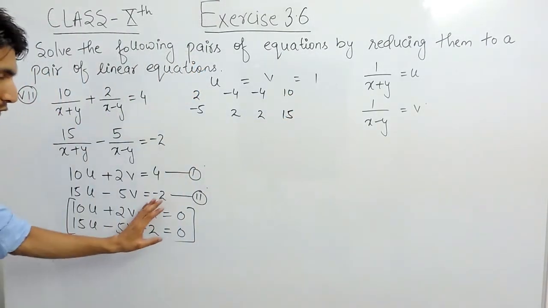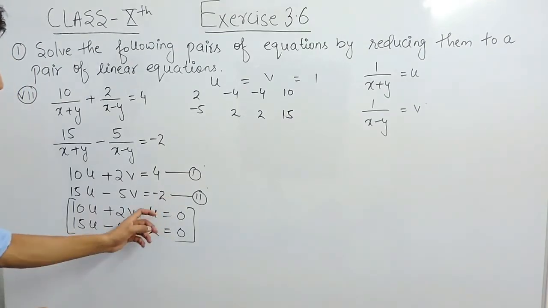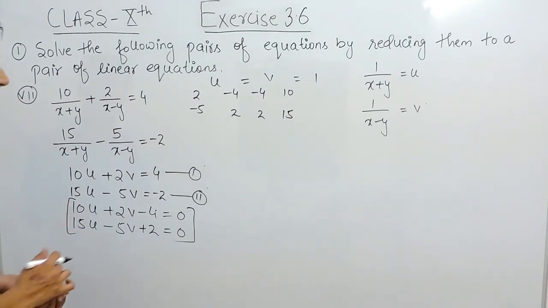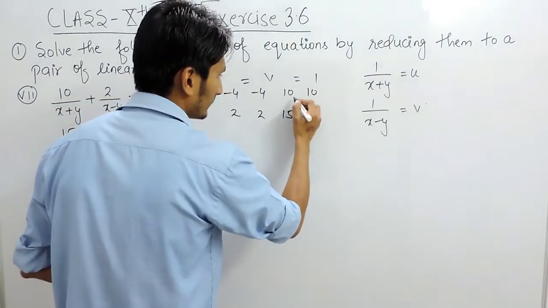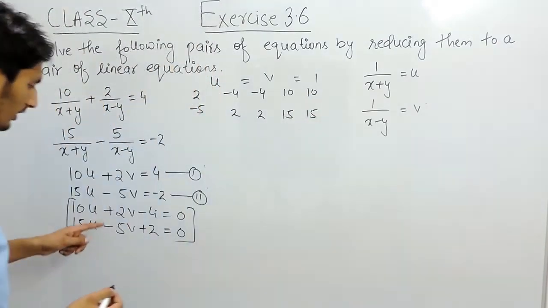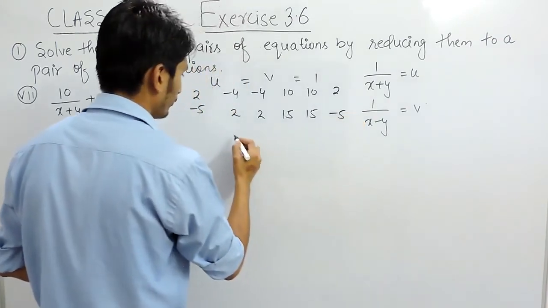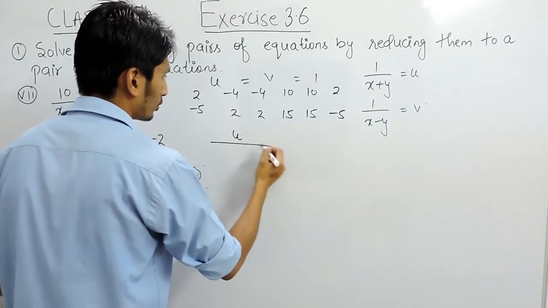Now you have to write for the constant term. For that you ignore the constant and write the other two. This is already written, so it has to be written again, and after that you write 2 and minus 5. And for u, you have to cross multiply.